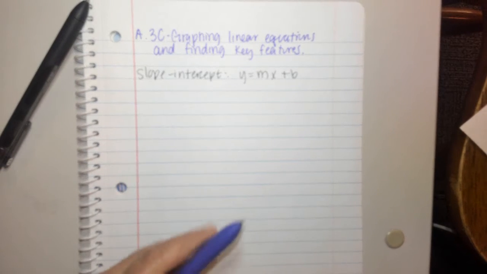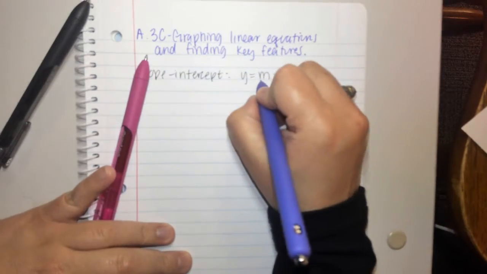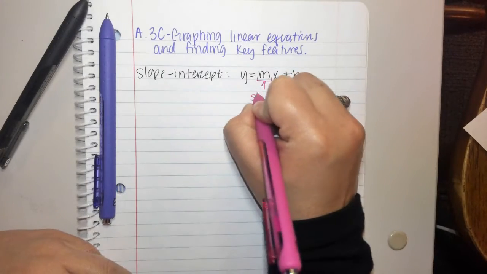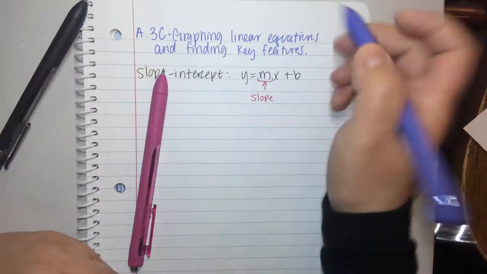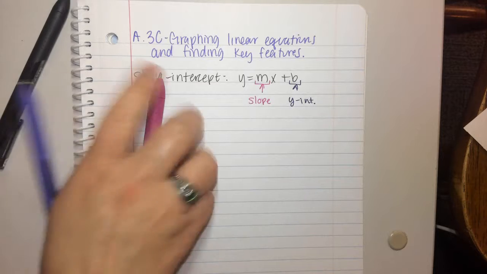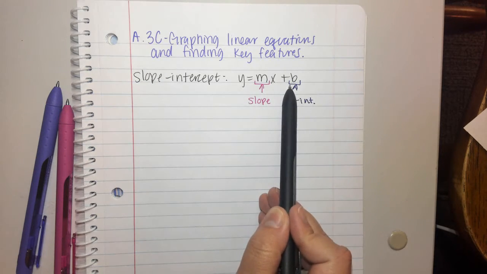And that is y equals mx plus b, where m represents your slope, and b represents the y-intercept. And I'm going to put y-int for short. So we're going to be graphing when we are given an equation in y equals mx plus b.